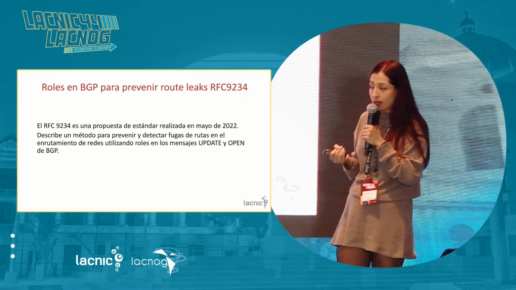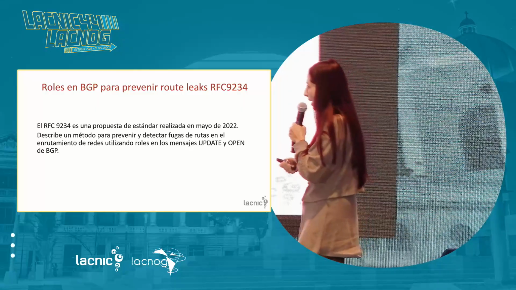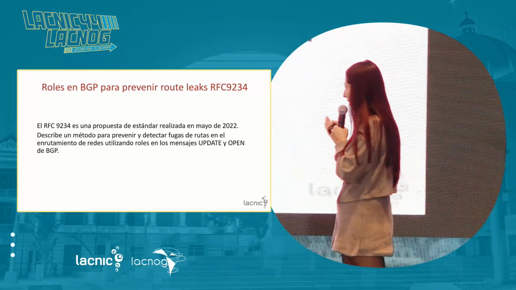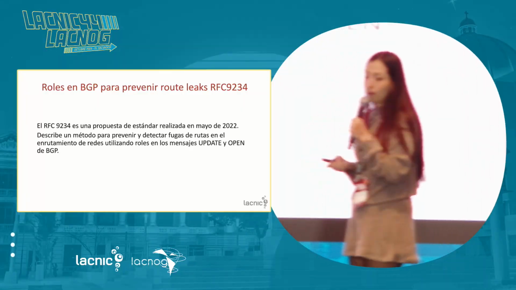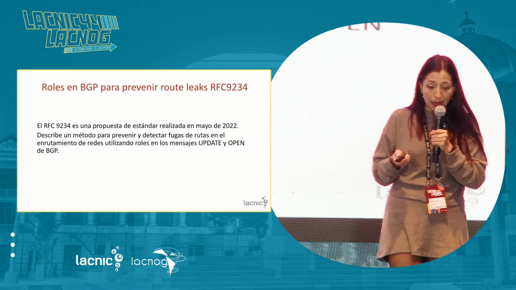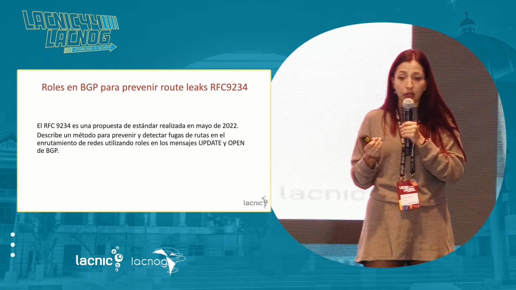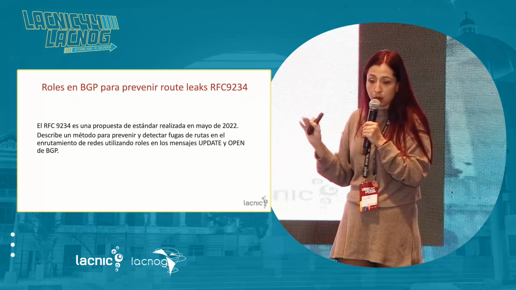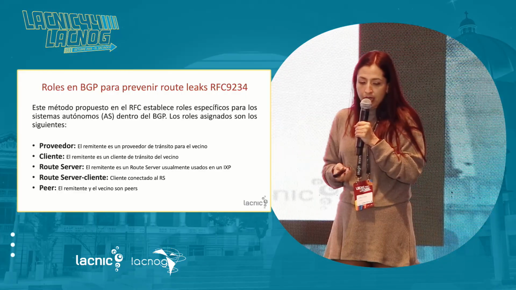So all this information of the role assigned to the device is carried in the update messages and open messages that work in BGP. So they will know what role is assigned to a device.